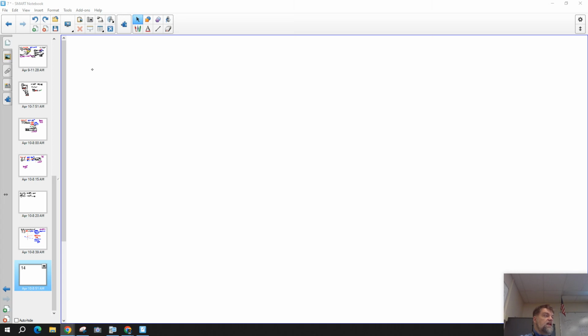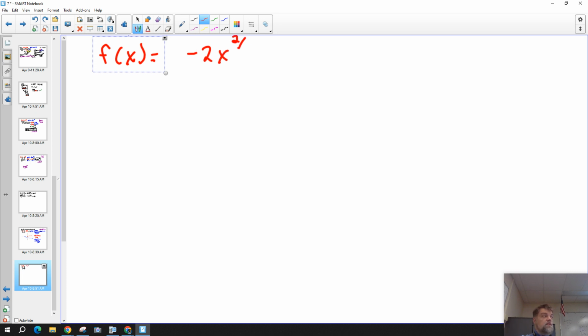Alright, so for the next problem, we are given that f of x is equal to negative 2 x to the 2/3, and that g of x is equal to 7 x raised to the 2/3.